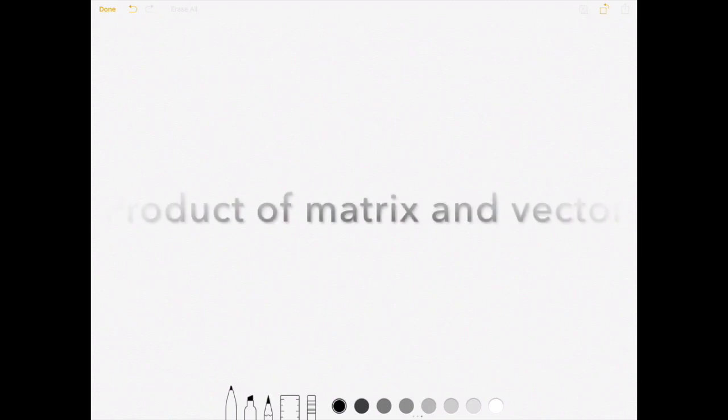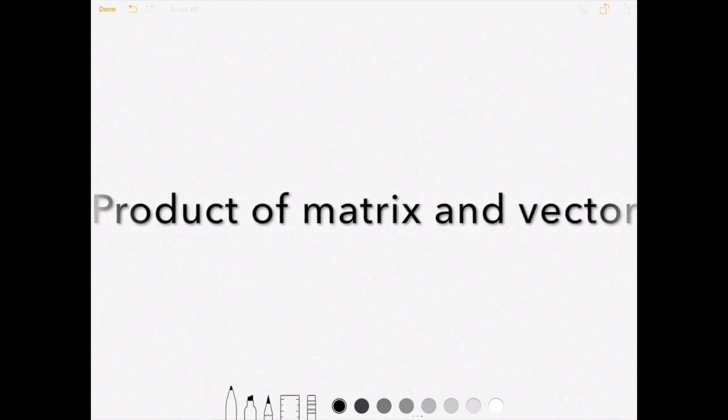Finally, because we're going to be dealing with it a lot in this course, we should look at the product of a matrix with a vector.